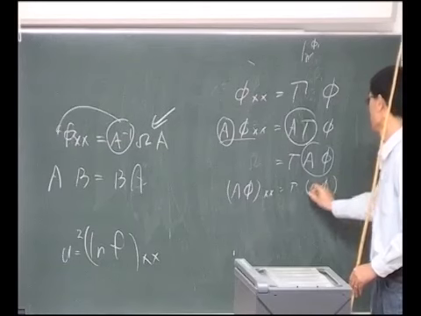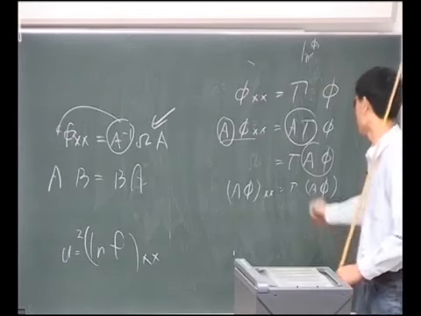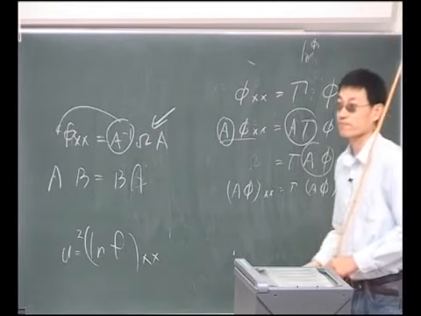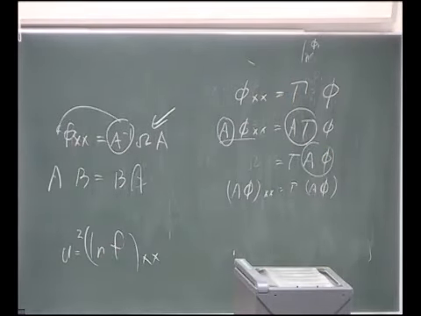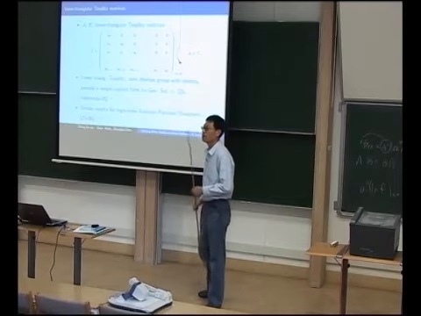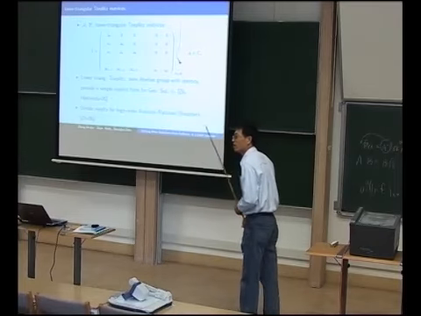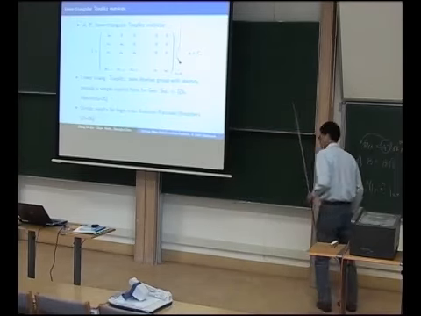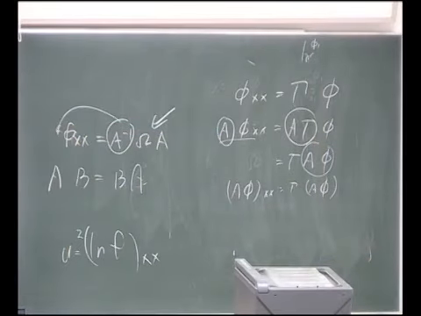So now, in this case, A phi is also a solution. Yes, because they commute. So in this way, we can get more solutions, and this is why we use.